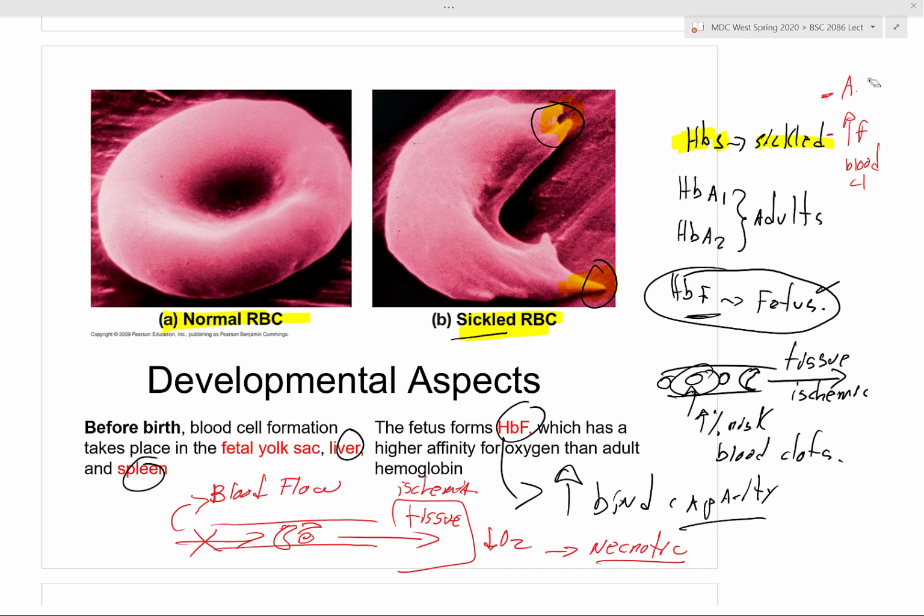Sickle cell comes in different traits. I'm not going to go into the genetics, but if you're homozygous for the sickle cell trait, that means you are not going to last for more than 15 years, because you're going to have a lot of recurrences with blood clotting through your life.